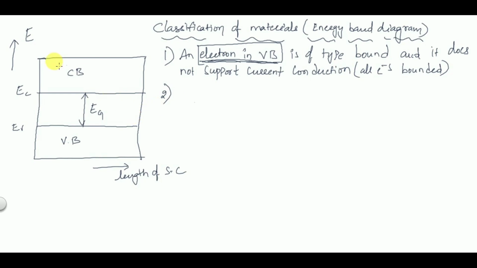Second, when you apply some external force on the semiconductor, the valence electrons acquire energy and jump from the valence band to the conduction band; that is, they become free. So an electron in the conduction band is of type free and supports current conduction.